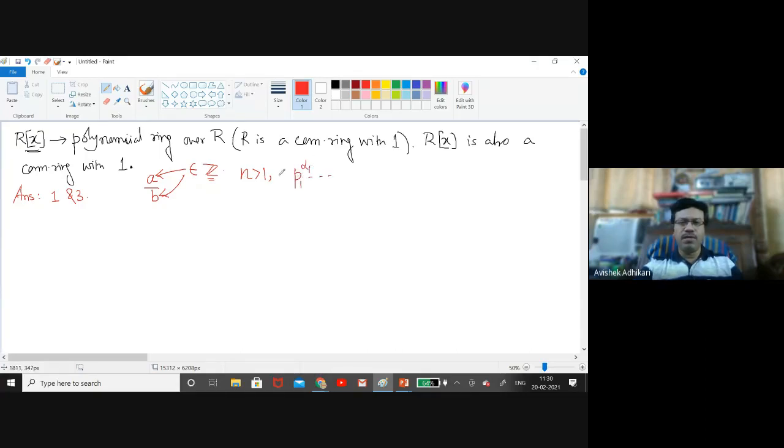So any n can be represented in the form p1^α1 ... pk^αk, where each pi is a distinct prime. Since we have the fundamental theorem of arithmetic at hand, every integer greater than 1 can be written uniquely in this form.